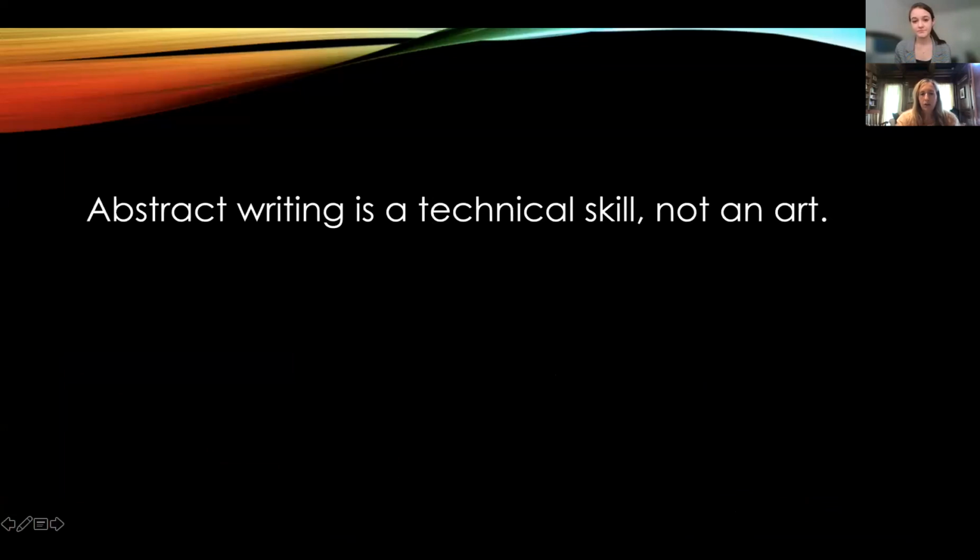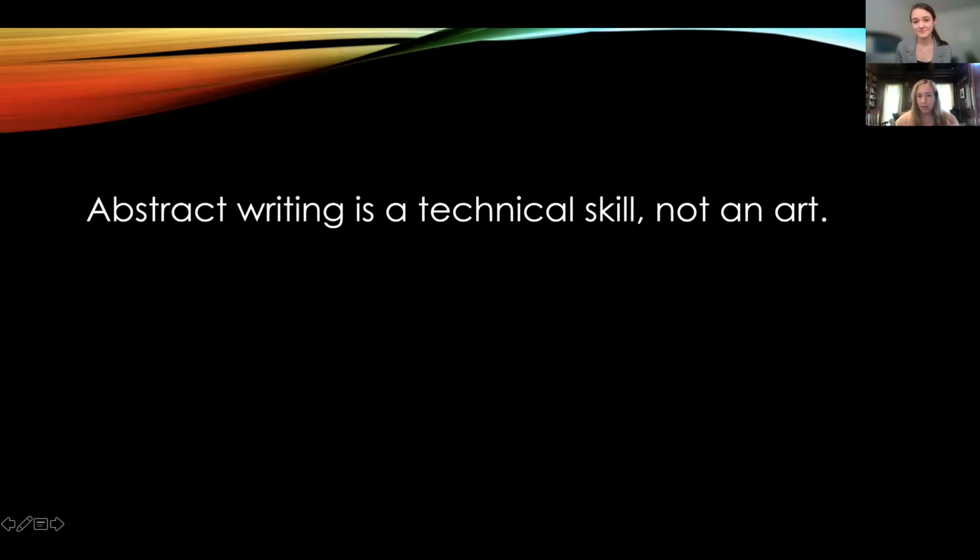The first thing I wanted to say is that writing an abstract is really a technical skill, not an art. This is really an important thing to think about. It's not really a creative exercise. Actually, scientific writing in general is not a creative exercise. It's really just about filling out a formula, and as engineers, we can appreciate what a formula looks like.